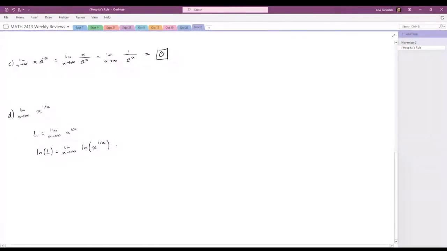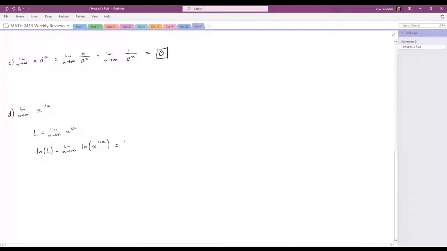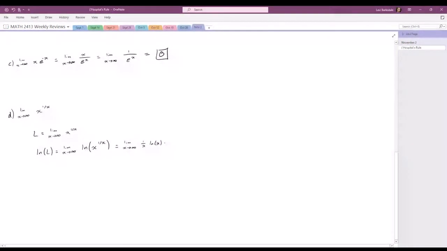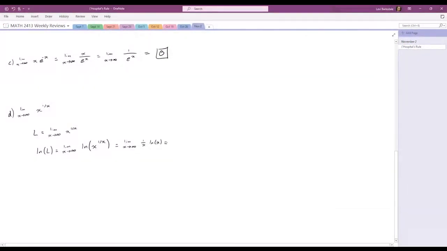Well, from here, I can apply log rules and write my 1 over x out front of my natural log as a coefficient, which means that now I have a fraction.